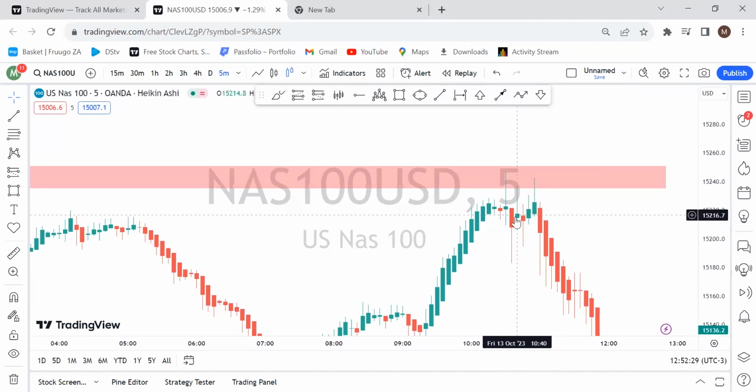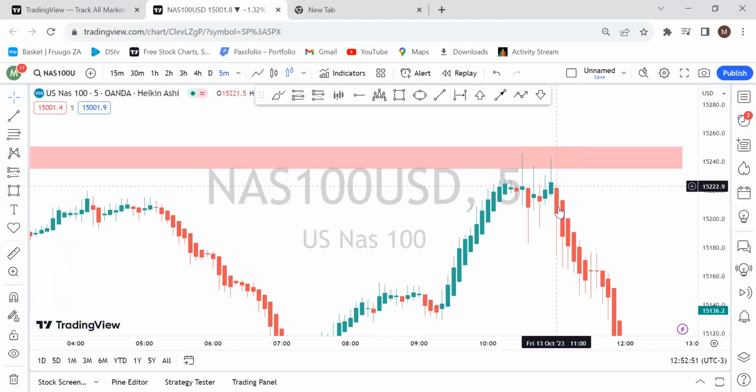So if you had entered at the close of this one, you can see now you're suffering losses. And if you have your take profit, your stop loss very tight, you would have been taken out. So cool, we wait for the market to play out and give us at least 2 selling candlesticks.